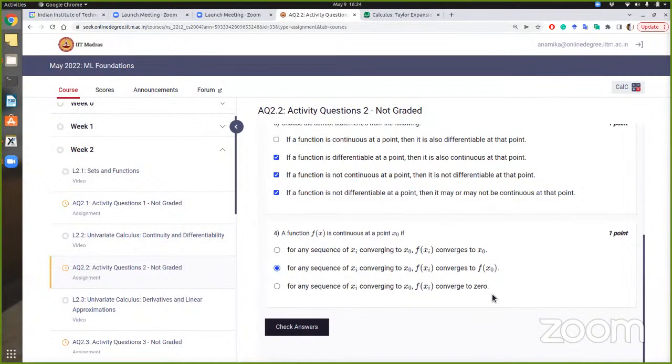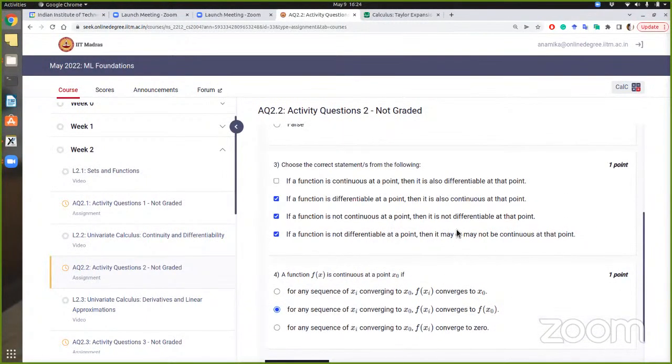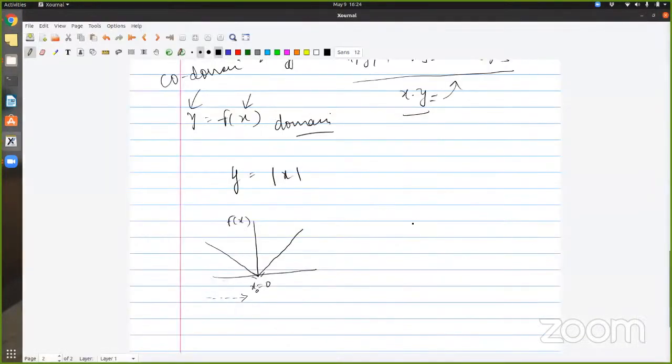Ma'am, third question, last point, can you please explain again, it may or may not be continuous? Some weird example I'm taking.